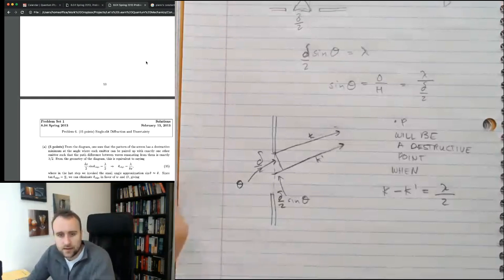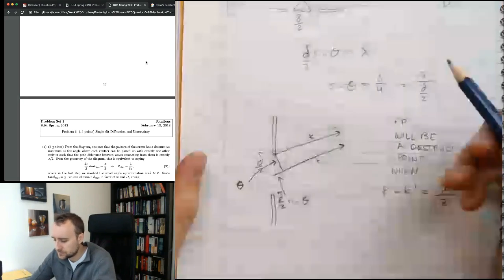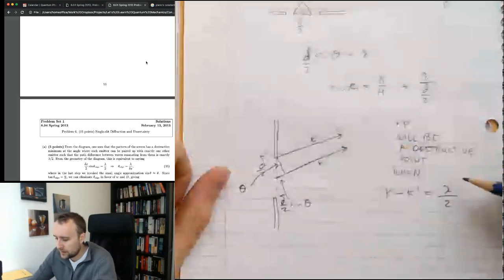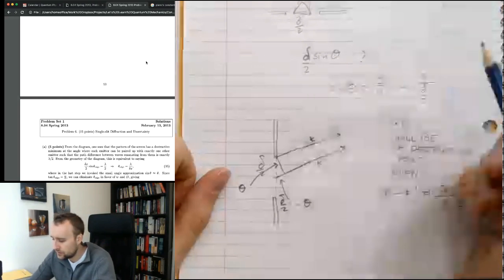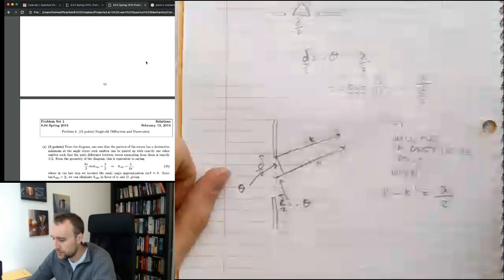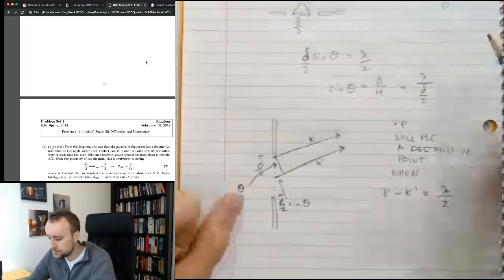So what are they saying? They're saying that this is going to be from the single diffraction experiment, that this d sine theta over 2, hold on a sec, I got a 2 here, and we're using the small angle approximation.